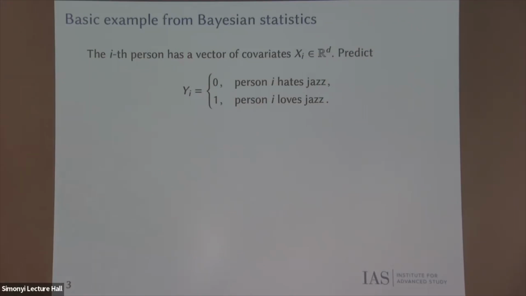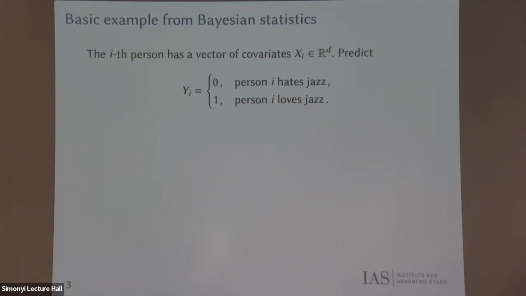Let's say that you have a bunch of people, and associated with the ith person, you have some vector of covariates, a bunch of features about this person that you've collected, maybe their browsing history or whatever. Based on all this information, you want to predict some attribute about this person. For instance, whether this person likes jazz, or whether this person will buy your product.